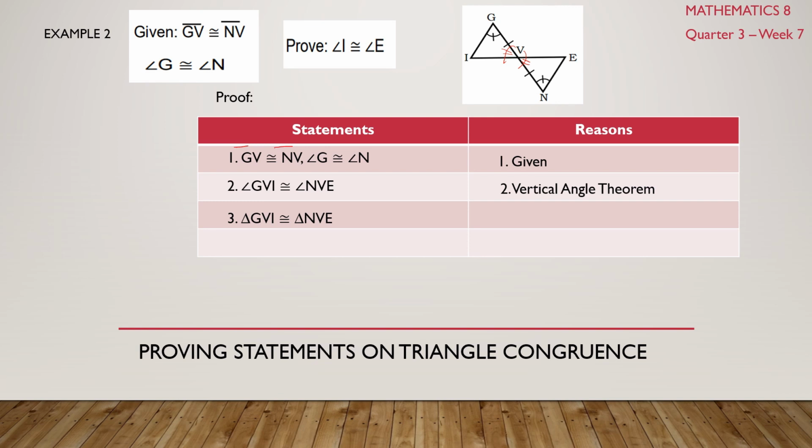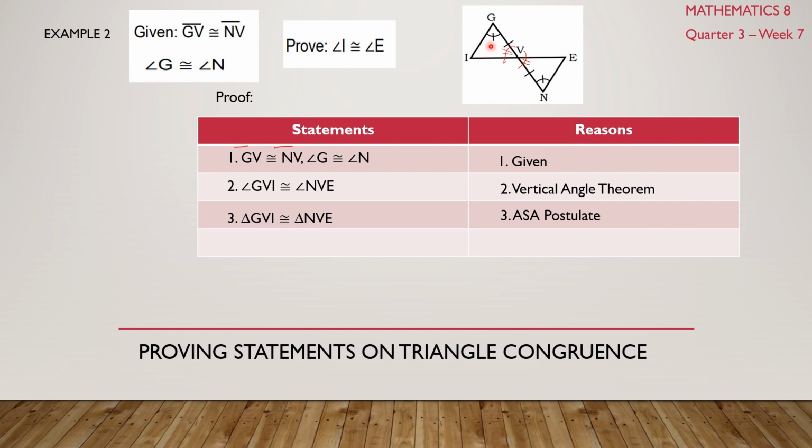So, triangle GVI is congruent to triangle NVE. So, what will be our reason? We have angle, side, angle. So our reason there is ASA postulate.